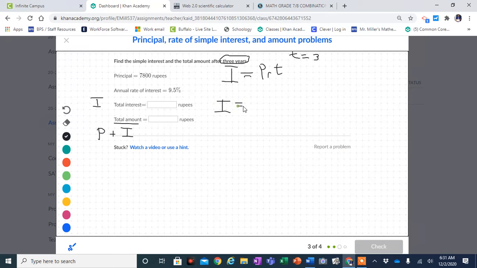So I equals the principal, which is 7,800, times the rate, which is 0.095, times the time, which was 3 years.